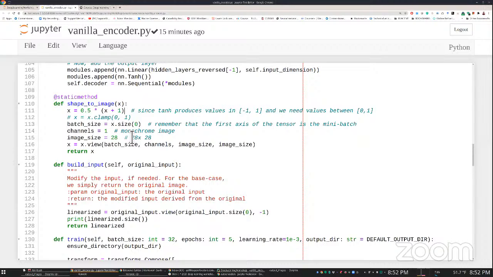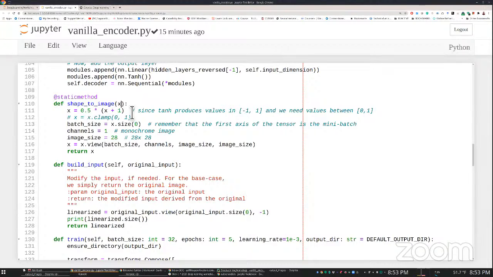Later on, when you are looking at the result, you want to shape it back to an image, isn't it? So this undoes that. Imagine this X is a 784-dimensional vector, and we want to shape it back into an image. Actually, it's not really just a vector because there is one more thing there: the mini batch size.